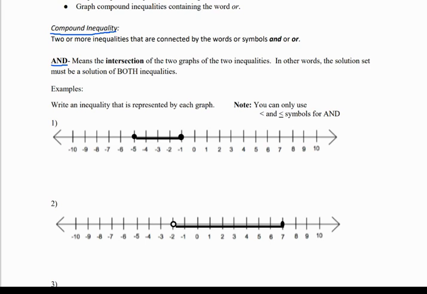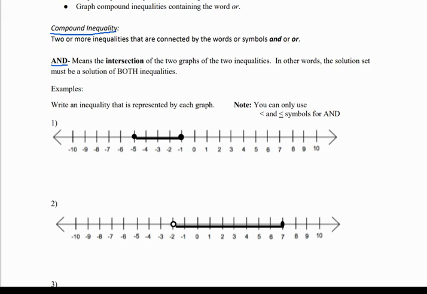However, can I be greater than 2 and less than 0? No, right? Greater than 2 would be things like 3, 4, 5. Those are not less than 0. So a compound inequality with the word and means that you have to have a number that fits both of those statements. Otherwise, you'd have no solution.